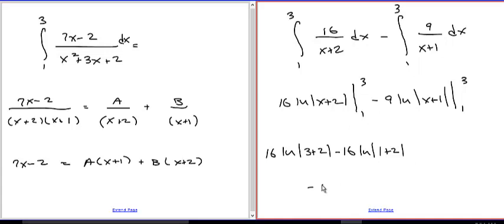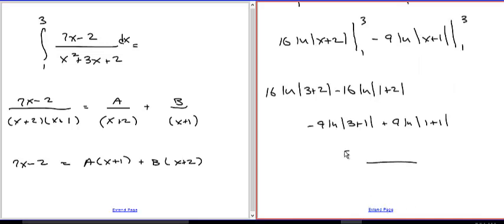And then you'll have -9 times the natural log of the absolute value of 3 plus 1 plus, so I got a negative from the lower limit and a negative from there, so it becomes positive 9 times the natural log of the absolute value of 1 plus 1. And you get some answer. I'm not going to work it out. You can plug that in, figure out what it is. So that's the partial fraction.